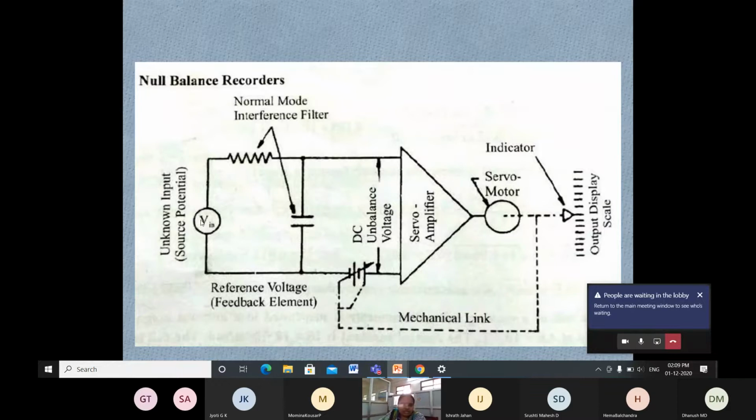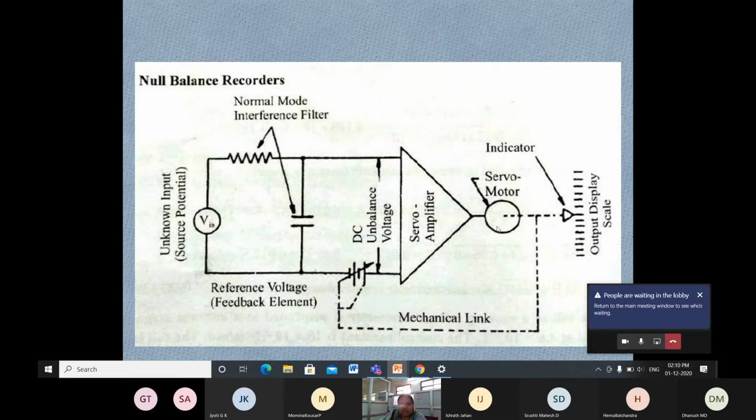A source potential V in is connected, and a normal mode interference filter, a resistance and a capacitor. Both circuits work in the same condition. Then a reference voltage, a feedback element, is connected here. A battery gives the DC unbalanced voltage.